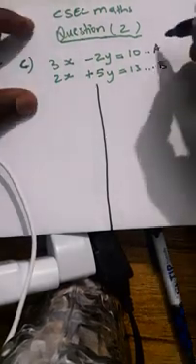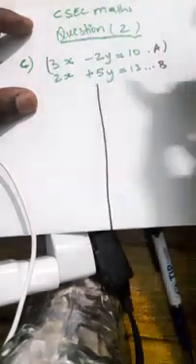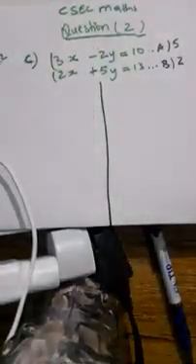First, you multiply this equation by 5 and this equation by 2. What do you notice if you multiply this equation by 2? This is going to become 10. And if you multiply this equation by 5, this is going to become 10.